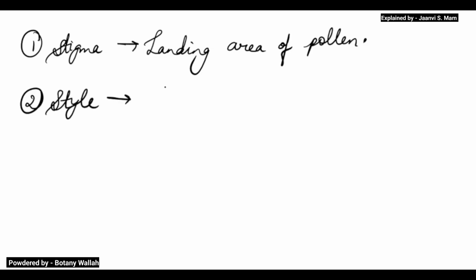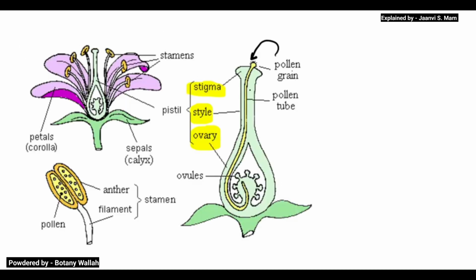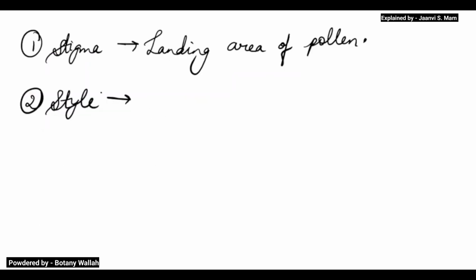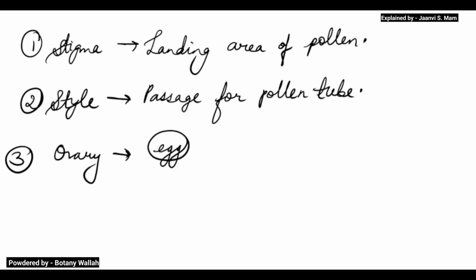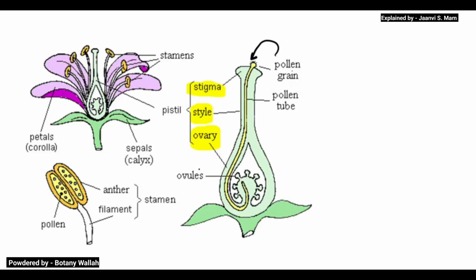Style is an elongated, cylindrical part, and you can say a passage for the pollen tube. And finally you have the third part known as ovary, and this ovary is the place of fertilization where the egg is present.